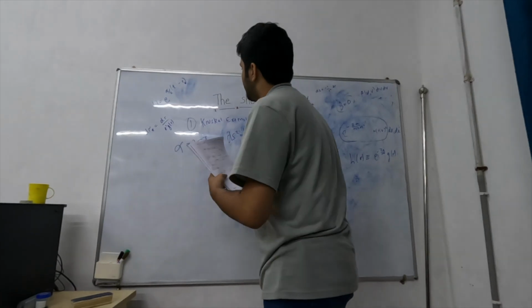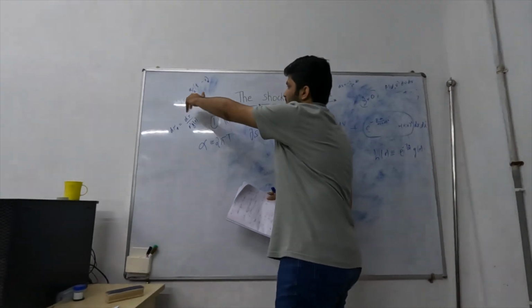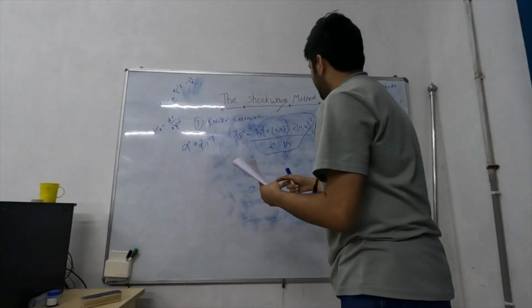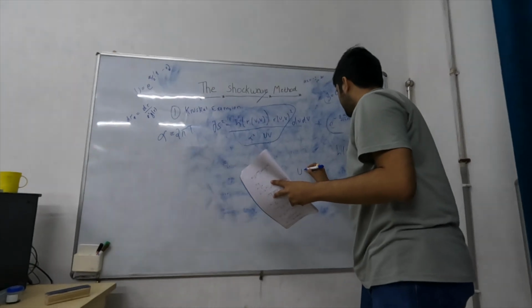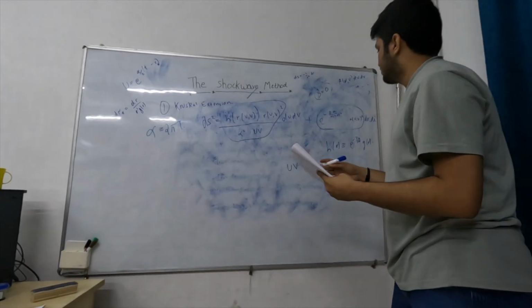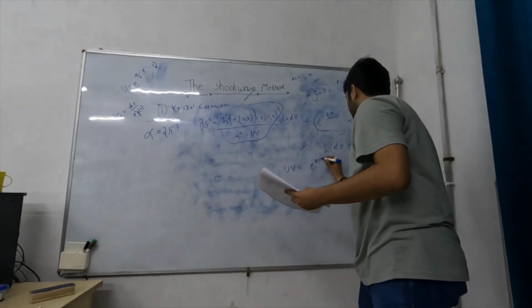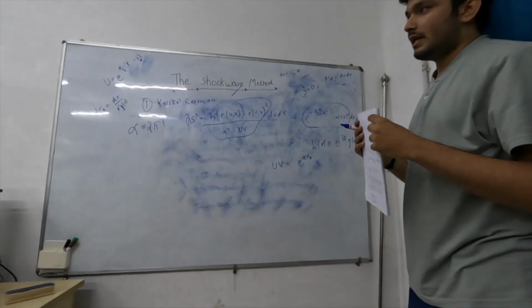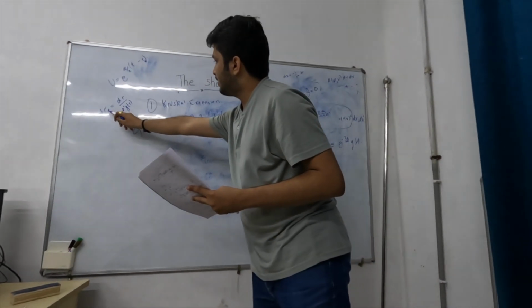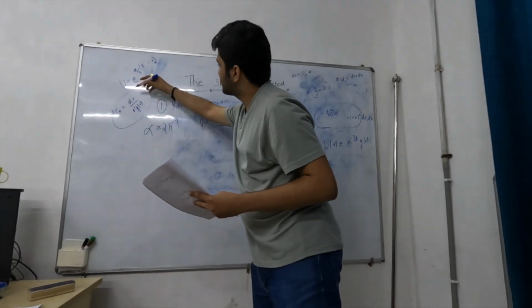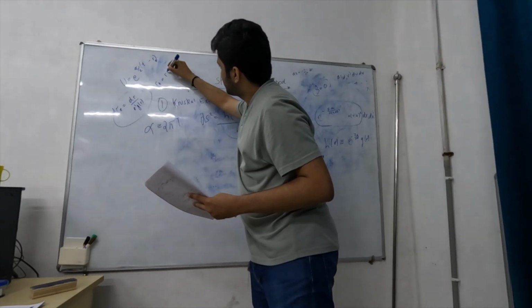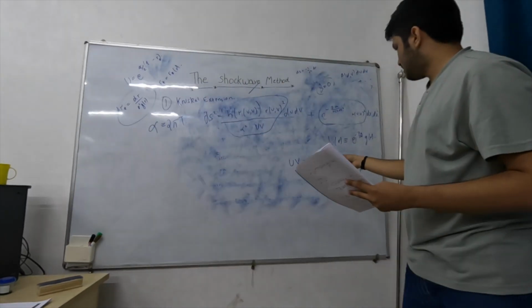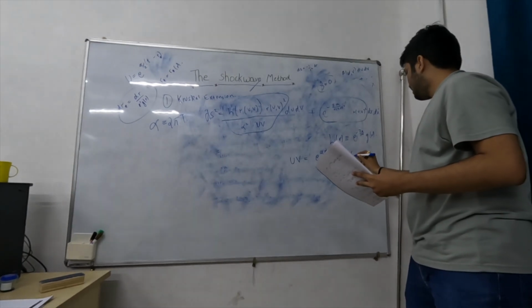I have r star. One very good thing of defining my Kruskal transformation in this way instead of linear form is that now if I multiply u and v, I just simply get alpha r star. That's it. And what I can do is calculate r star as a function of r from this, substitute this r star here, and I have my relation, r as a function of u and v.